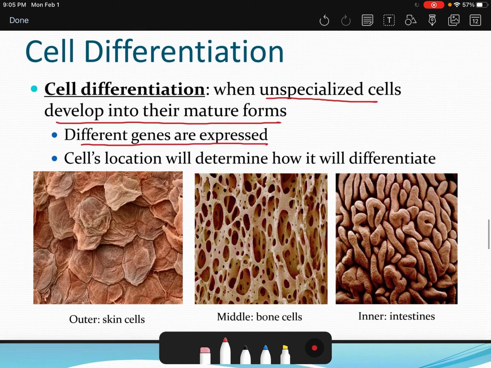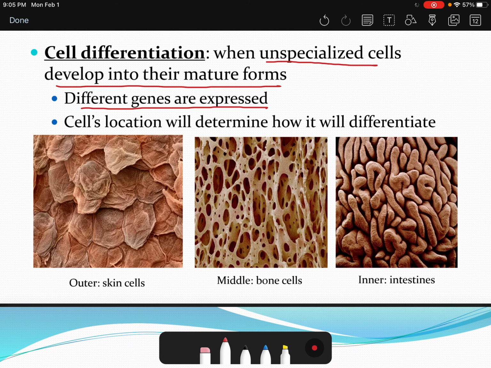It's just that what makes your different cells, like anything from a skin cell to a bone cell to your intestinal cells, is different genes being turned on or turned off, so that you have different traits being expressed and different cells being made.